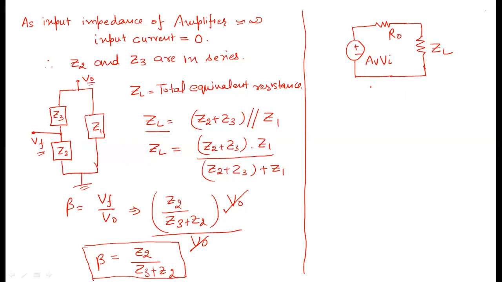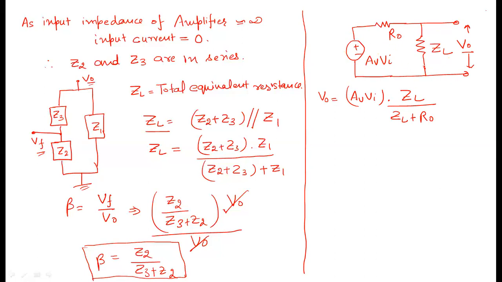Okay, so here if we calculate the V naught, that is across this ZL, here we have the V naught. Again, by following the potential divider arrangement rule, we know that the input to this network is AV into VI and we are taking output from ZL. So we can say that V naught is equal to AV VI into ZL upon ZL plus R naught.